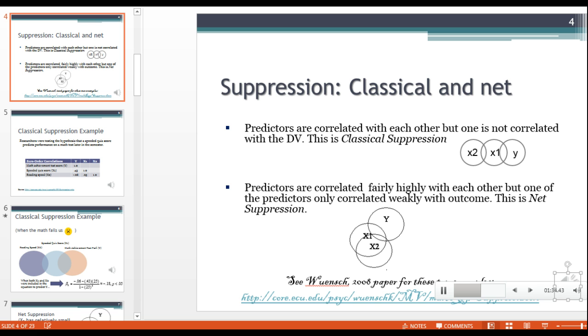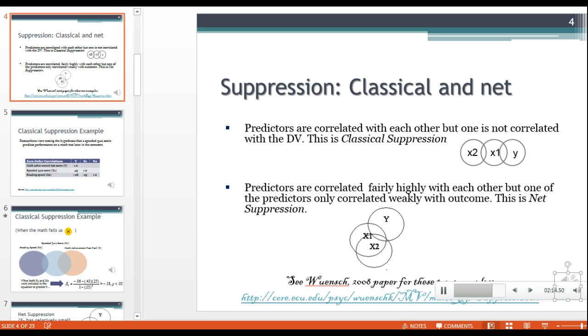But whenever there's this chain kind of pattern of relationships among the predictors with the DV, such that we have no shared variance in the DV with x2, but the variance that is shared between x1 and x2 is not shared with the DV, then this is an issue, and the b weights can have a weird interpretation. In fact, the bivariates, or the zero order correlations among those variables, will have different signs than the b weights. And again, I'll show you all of that coming up.